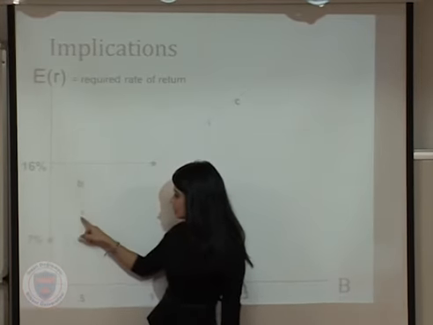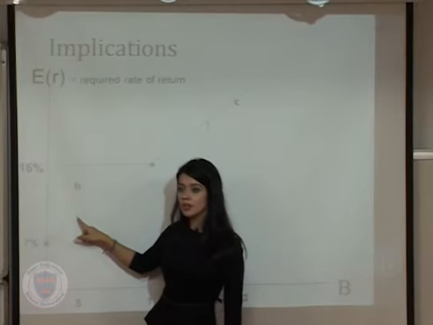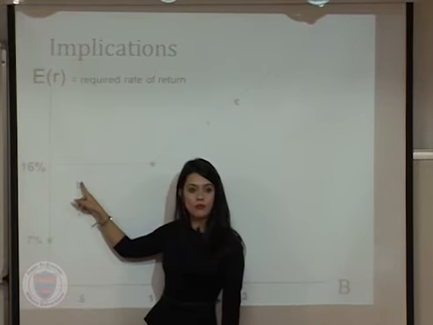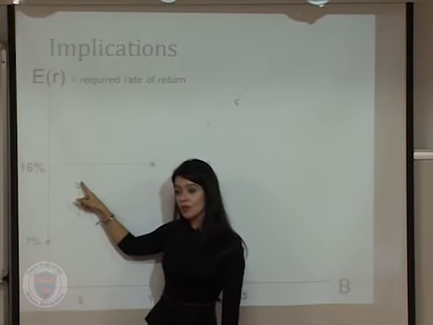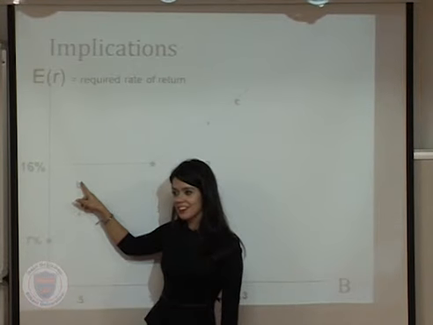CAPM says B should be here, but your estimation says, nope, B is offering 13%. So is this overvalued or undervalued?